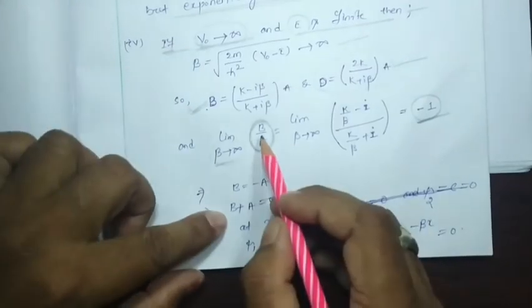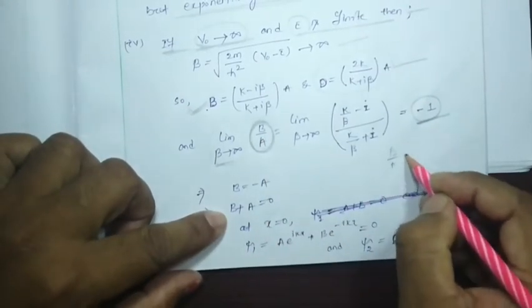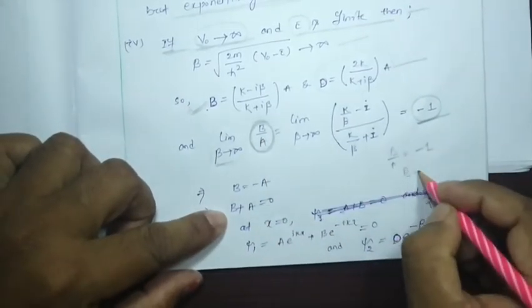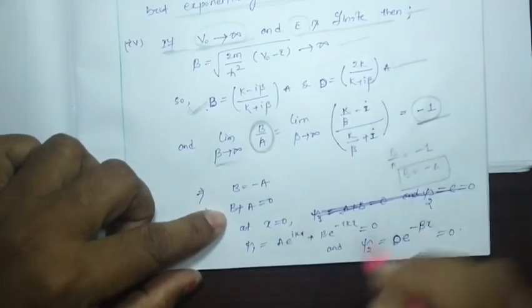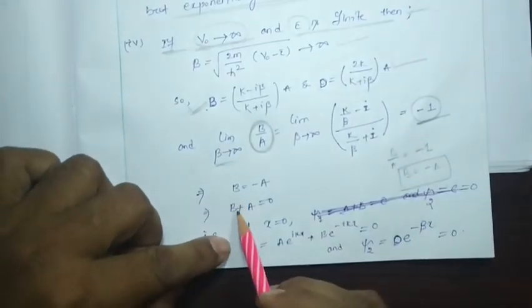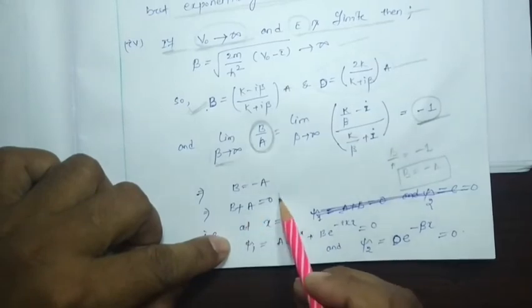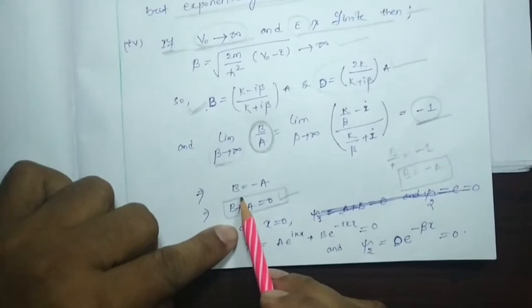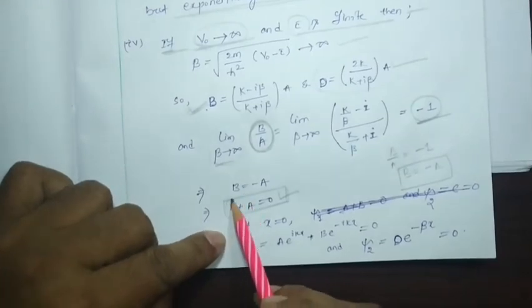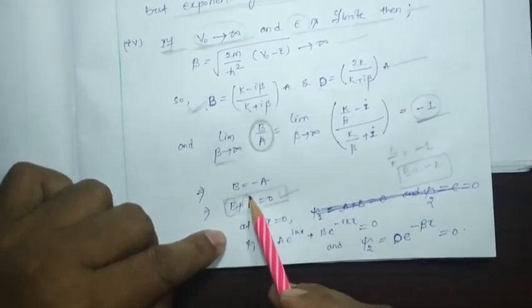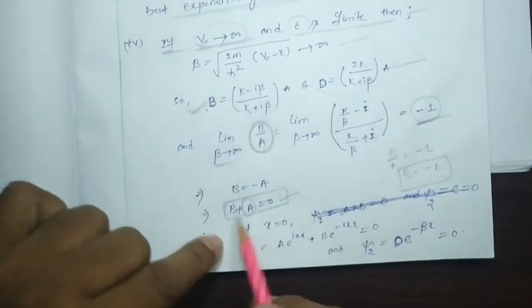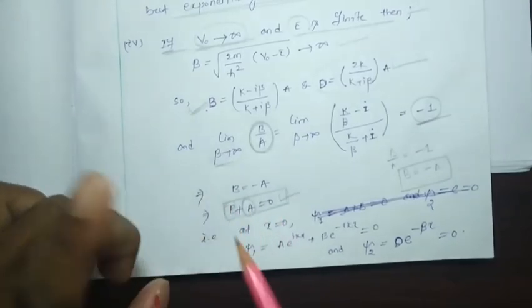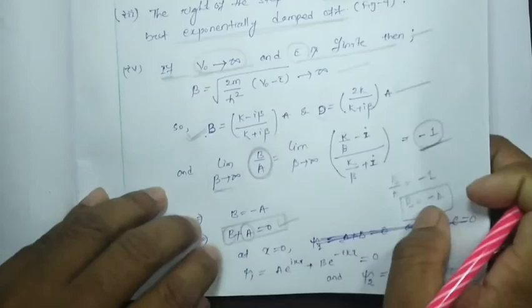That means B equals minus A, so B plus A equals 0. The amplitude of the reflected wave and the amplitude of the incident wave are the same but in opposite direction. Then we get a standing wave and the net amplitude will be 0. I am going to show you.